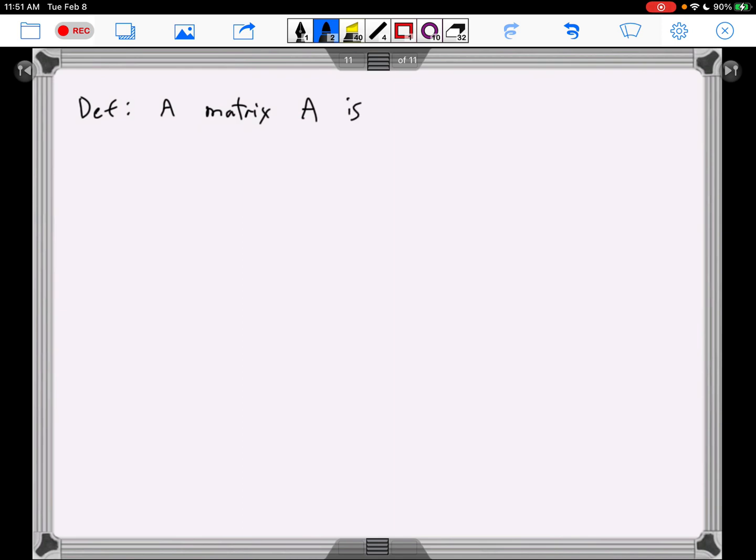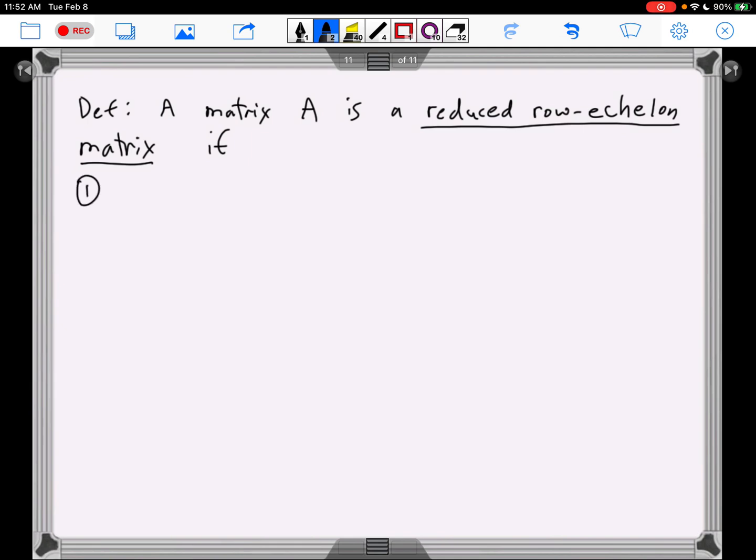What does it mean to be a reduced row echelon matrix? So this has two conditions. First of all, it is row echelon.